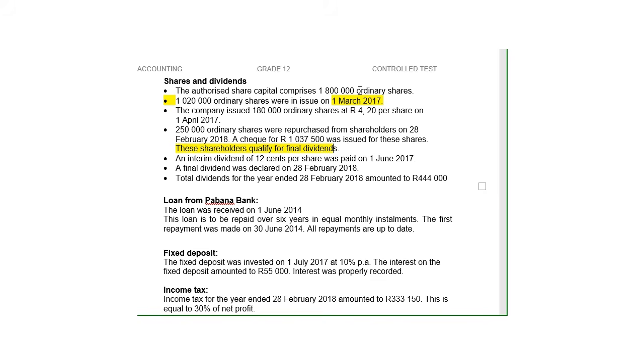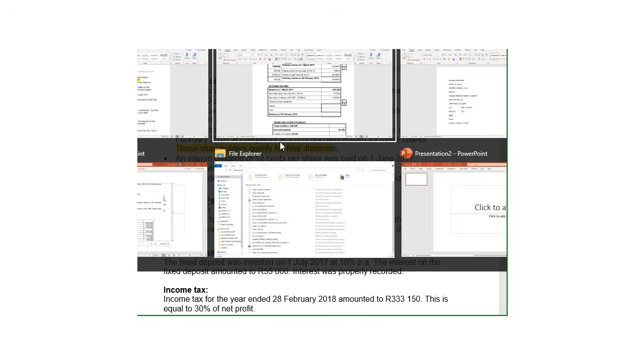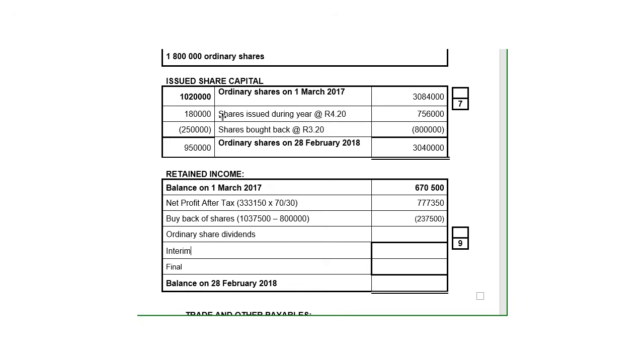If I look at my capital note, it is the 1,020,000 plus the 180,000, which gives me 2 million.